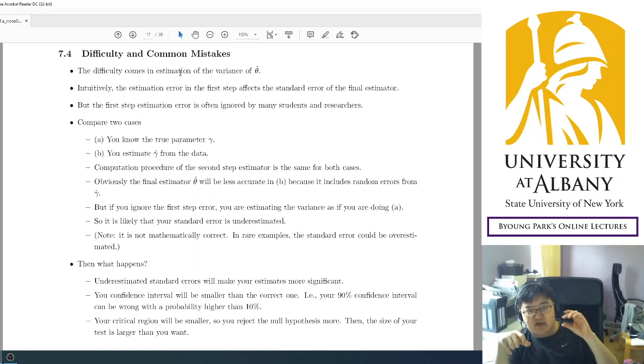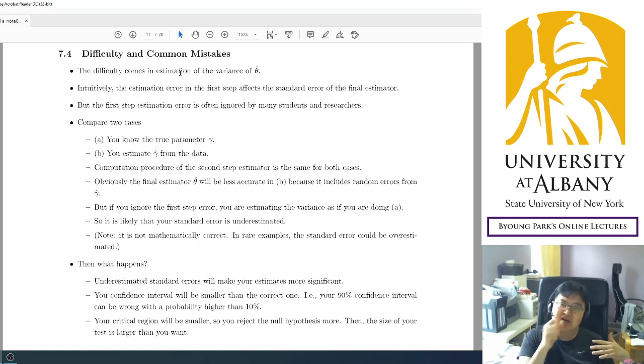So the first stage error will have some effect on the second stage result. So for example, if your first stage method is inaccurate, then no matter how accurate your second stage estimator is, your second stage will still be inaccurate just because your first stage is inaccurate.